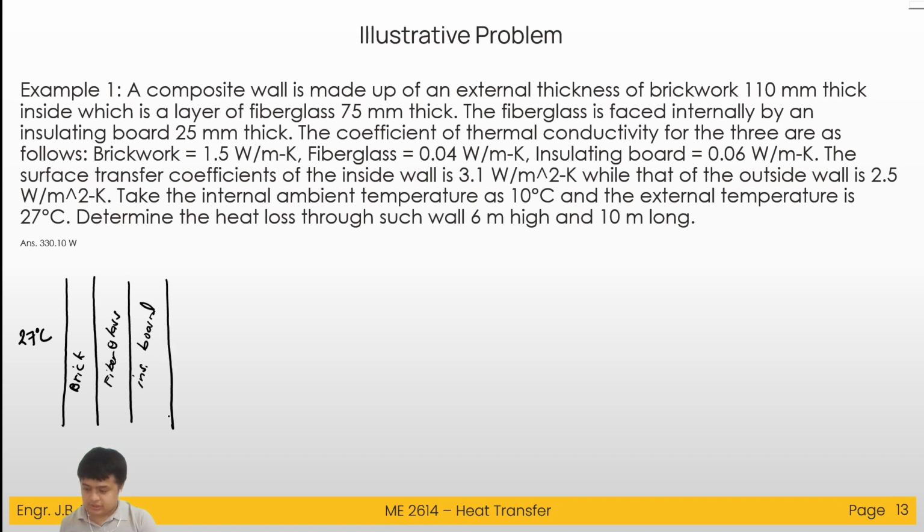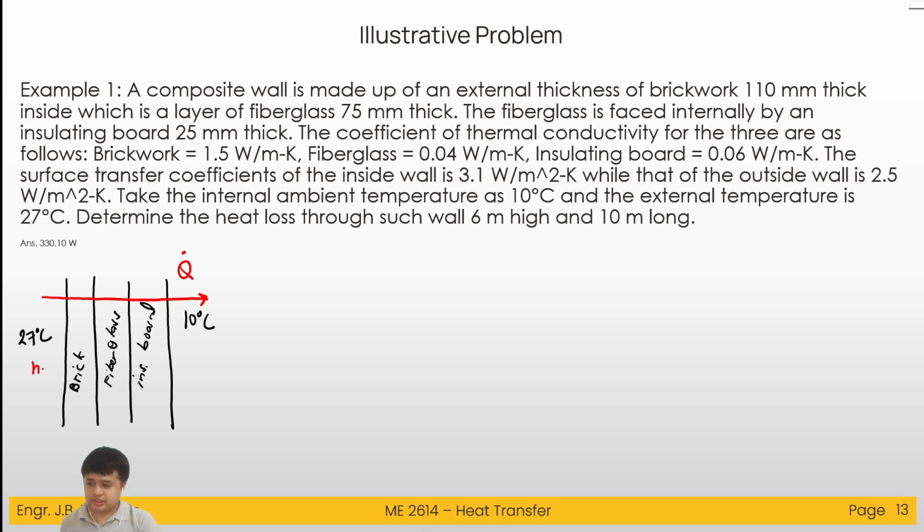So you have these three layers, and heat will go from hot to cold. So this will be the temperature, and heat will transfer in this direction. You have Q here. Now, thermal conductivities are given, the thicknesses are given, also the H are given.